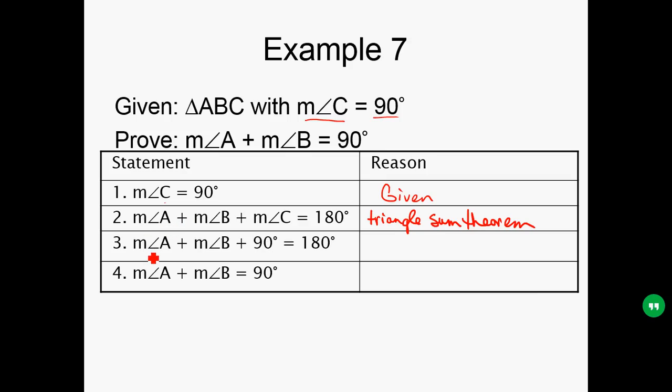What allows me to make statement number 3? All I did was remove this and replace it with a 90, so all I did there was substitution. After I substituted, I subtracted the 90 from both sides. So when I went from step 3 to step 4, what allowed me to do that? The subtraction property of equality.